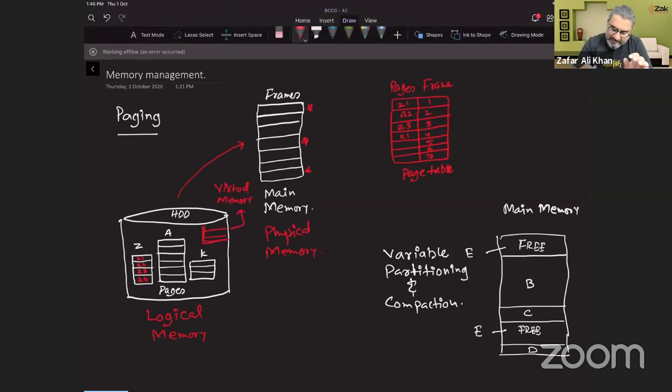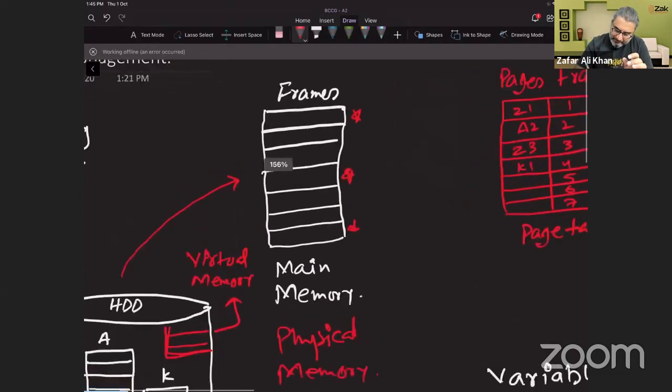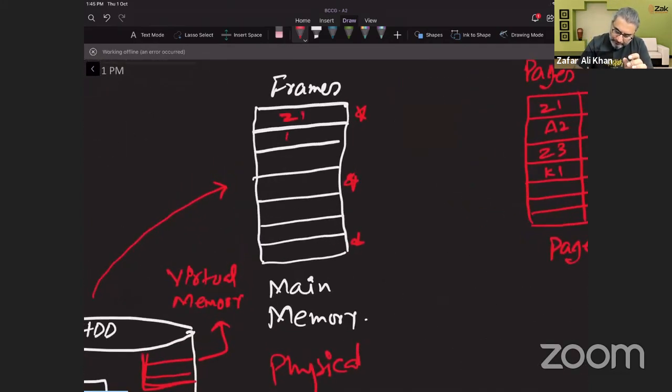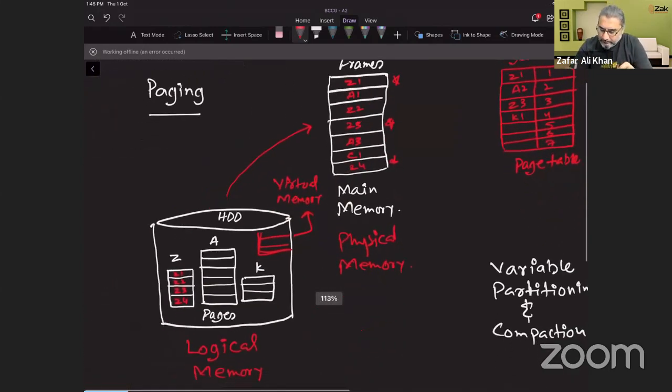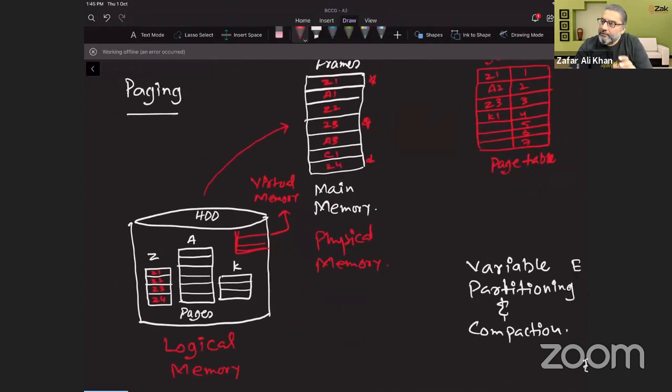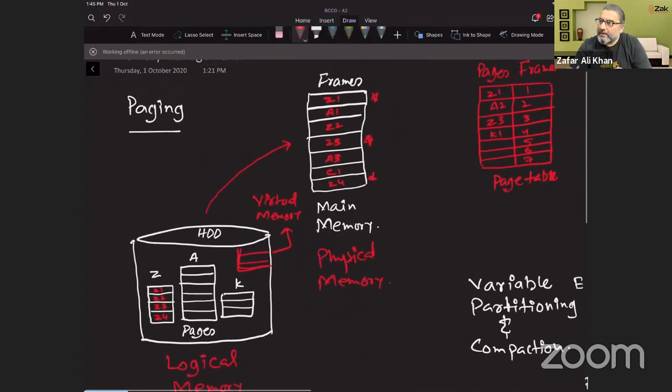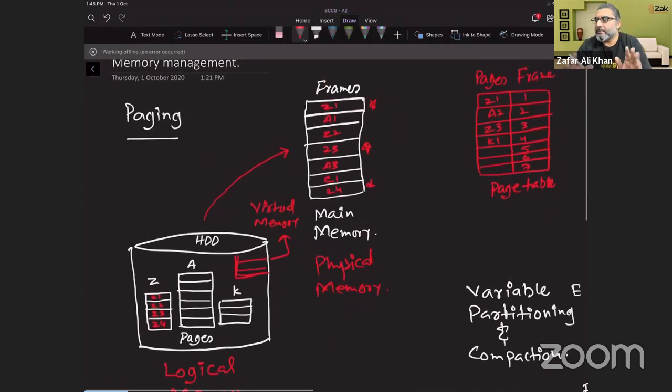Now sometimes the memory is full, but a few of the frames in the memory are not being used, so they are marked.